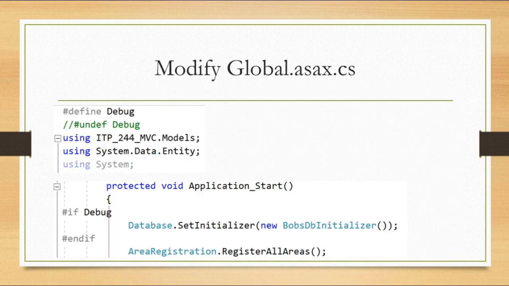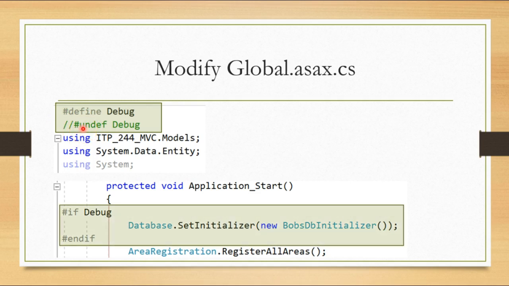Next, we go to our Global.asax file. First thing I'm going to do, I'm going to create a compile time variable called debug. And I put a comment here so I can uncomment or undefine this easily later on. Then I'm going to write code down here.